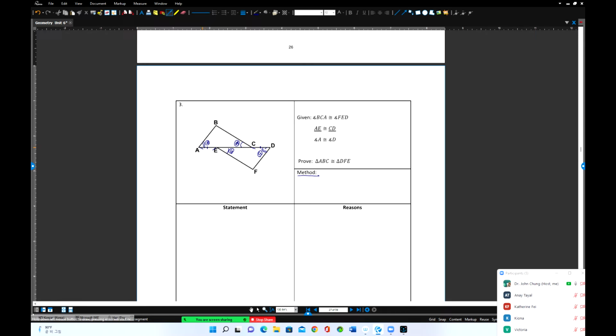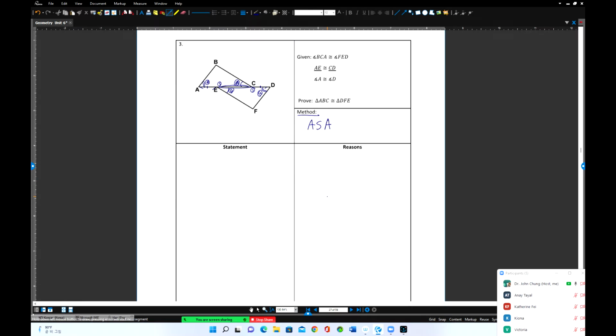Now what is this going to be? Maybe this is reflexive, right? This side on one triangle, this side on the other triangle, it's going to be the same length. So it's going to be S again, right? So this is the angle side angle, okay? This one should be angle side angle. That method will be angle side angle.